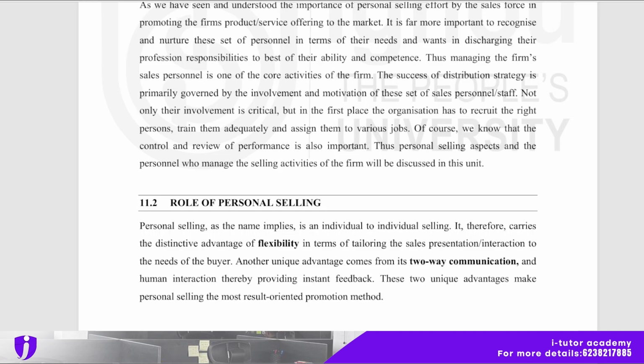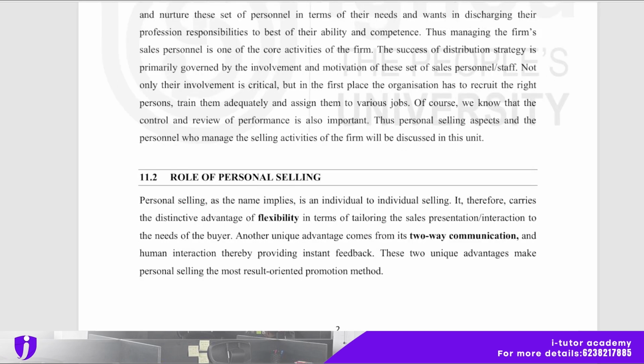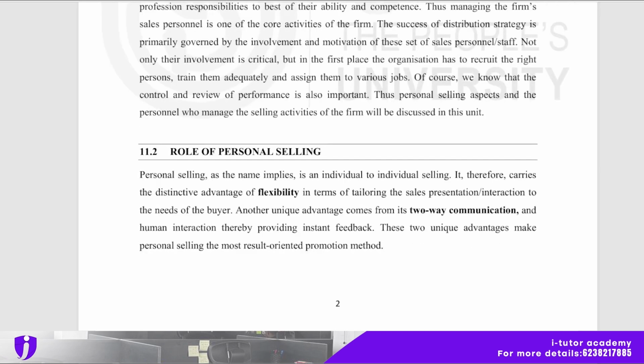Just managing the firm's sales personnel is one of the core activities of the firm. The success of distribution strategy is primarily governed by the involvement and motivation of the sales force or staff. Not only their involvement is critical, but in the first place the organization has to recruit the right person, train them adequately and assign them to various jobs.